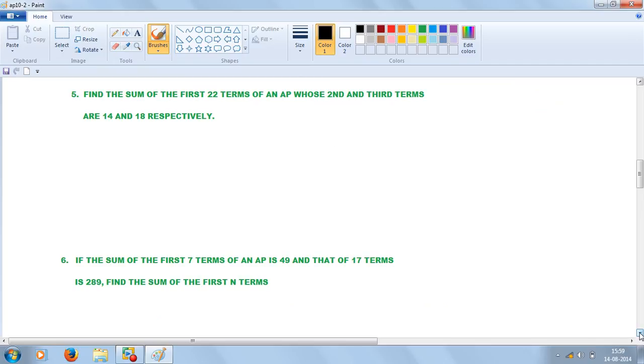So next sum: find the sum of the first 22 terms of an AP whose second and third terms are 14 and 18 respectively. The second term, T2, is equal to 14. Term 3 is equal to 18. What is D? The difference is T3 minus T2, 18 minus 14, which is equal to 4.